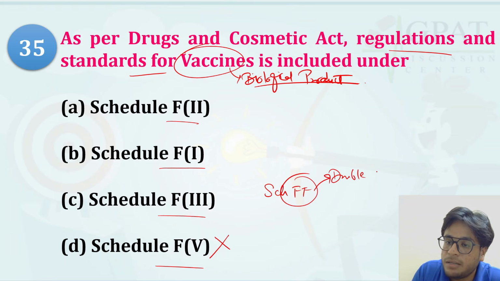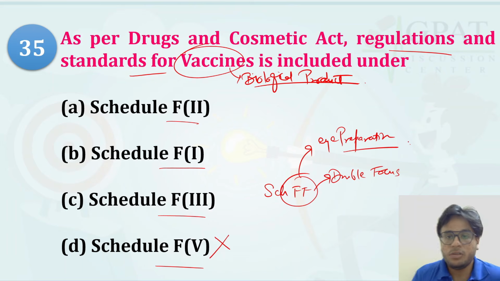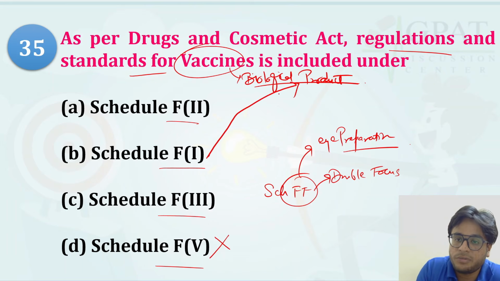Okay, double focus. So double focus is mainly done by the eyes. So schedule double F is for the eye preparations. The schedules F2, F1 and so on are different kinds of schedules. So F1 is the schedule that is related to the biological products, yes, for the vaccine. So B is going to be the answer. But the schedule F2, as it indicates, there is a tape having two ends of it.